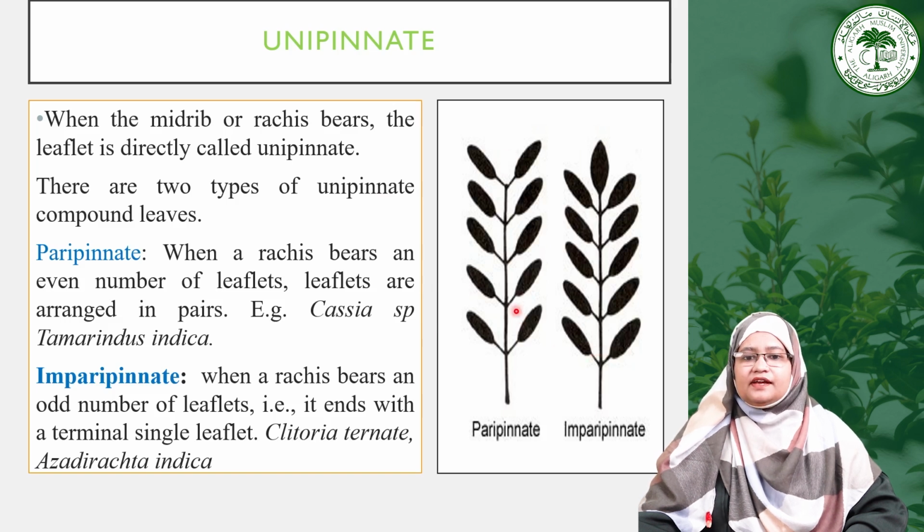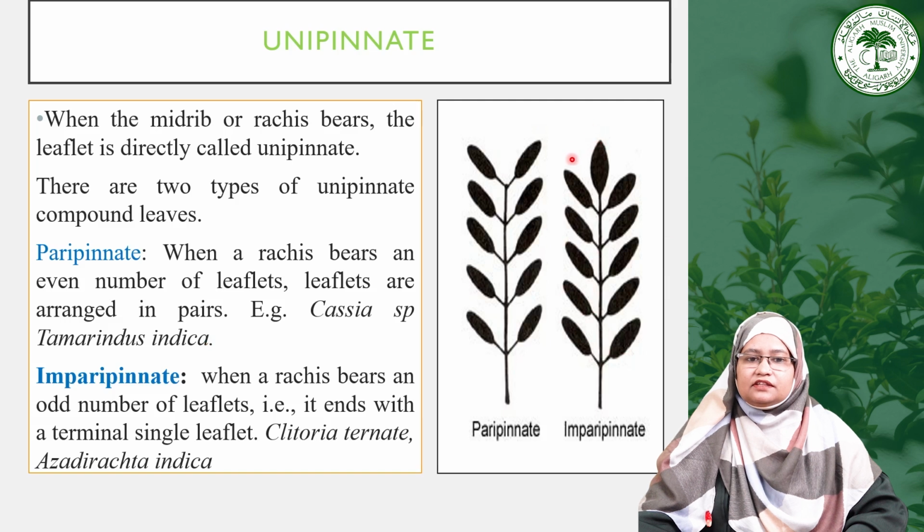In paripinnate, there are pairs of leaflets and the leaflets are present in even numbers. As you can see, these leaflets are arranged in pairs, as in the case of Cassia and Tamarindus. The next category is imparipinnate, in which leaflets are present in odd numbers.